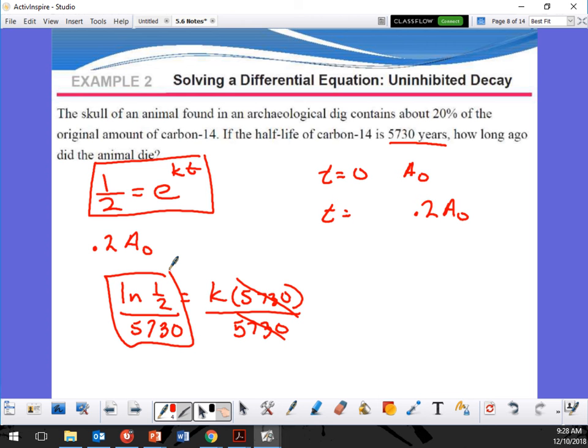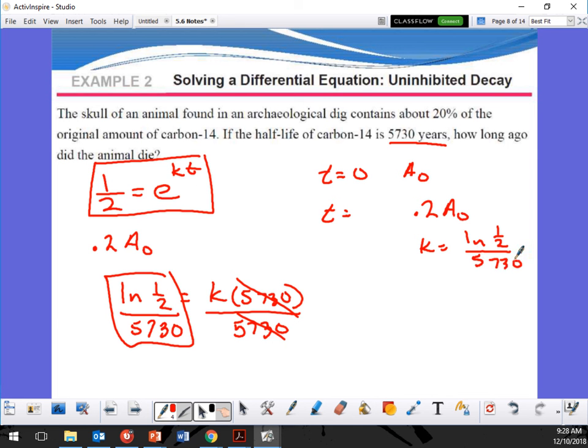Okay, all right, so I'm just going to shelf that number over there. So I'm going to say that K is equal to ln of 1/2 over 5,730.